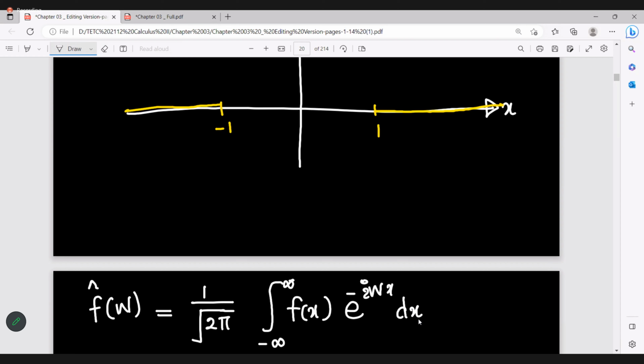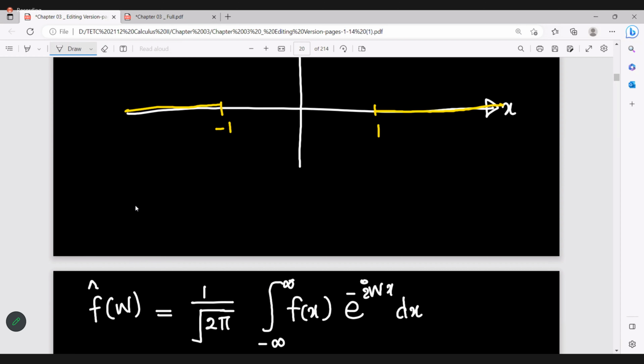So here the variable of integration is x and the lower limit and upper limit are minus infinity and infinity. So minus infinity means the end of this x-axis from this side and plus infinity means the end of the x-axis in the positive side. So from minus infinity to plus infinity means we need to consider the entire x-axis.